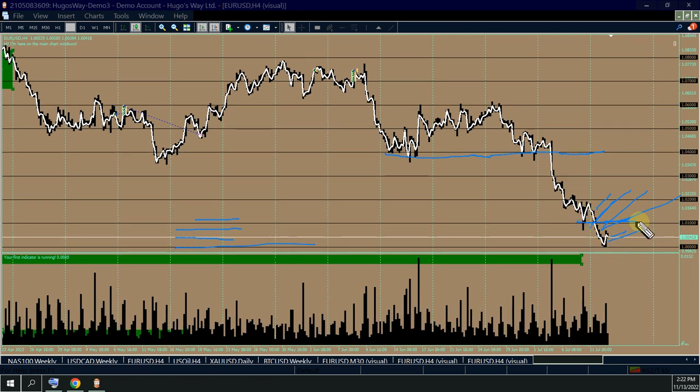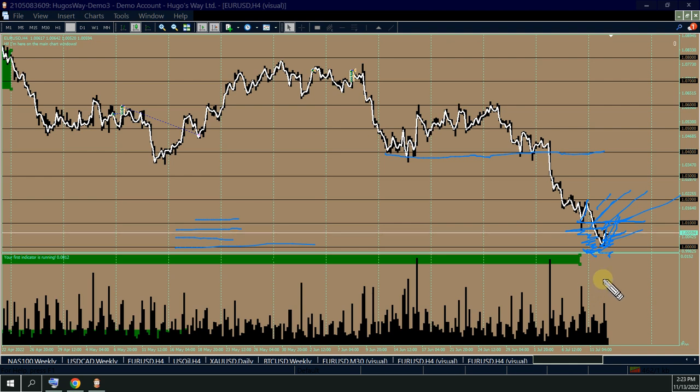We got to get to here and take this out. Always taking the 100 pips. Once we take the 100 pips, we got to reload the wagon. So if we took the 100 here, we reloaded, but we bought more. On this one, we cash out, we come back, buy more.